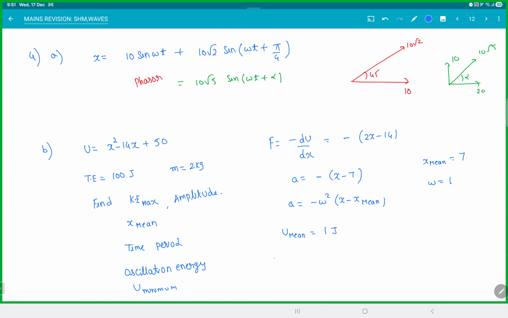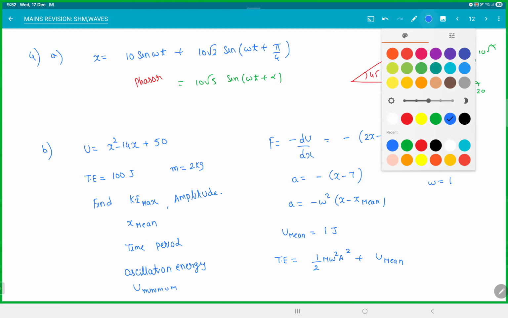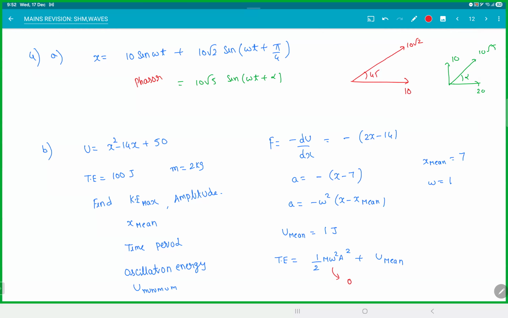So if you guys remember, this was the formula for total energy. Total energy will be the energy of oscillation, which is half m omega square a square plus u mean. याद है? This component is called oscillation energy. Total energy of an SHM is not same as oscillation energy of SHM.